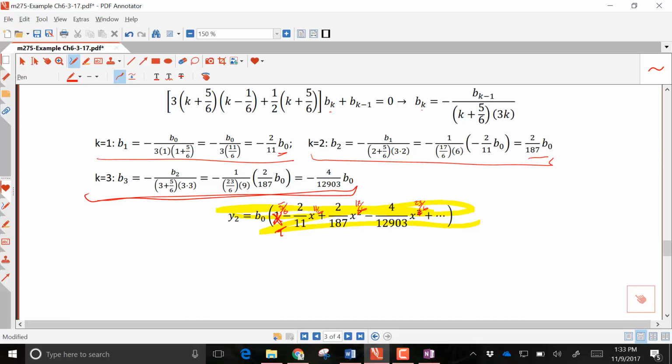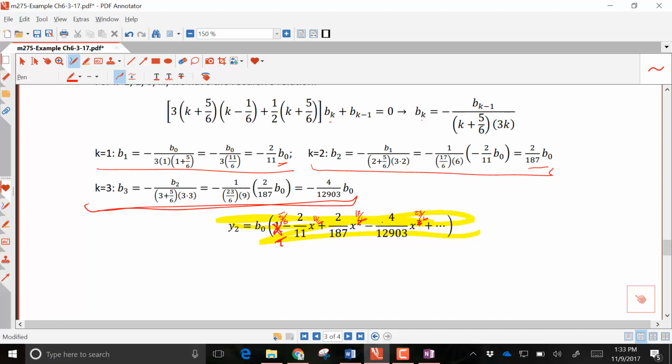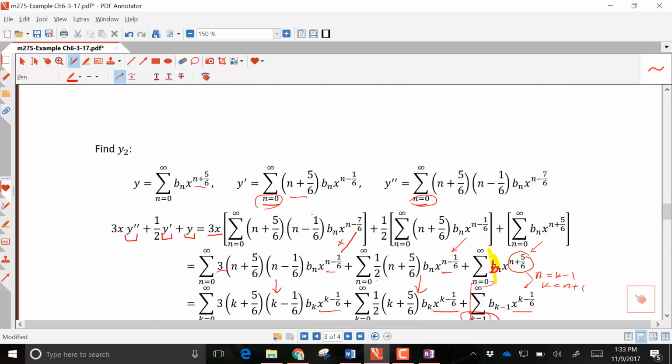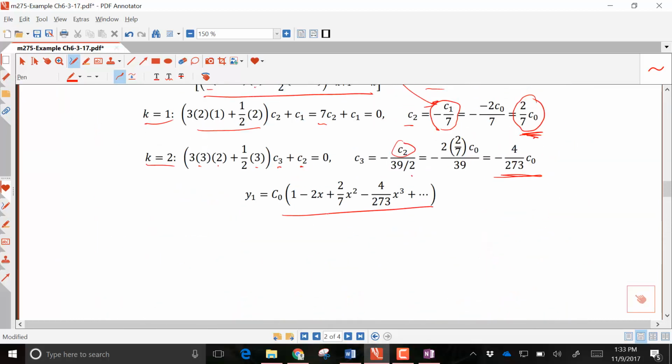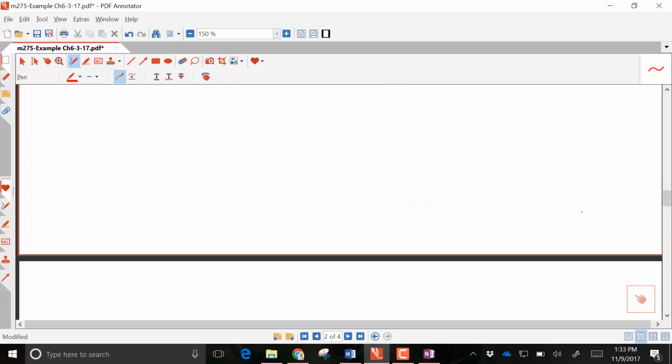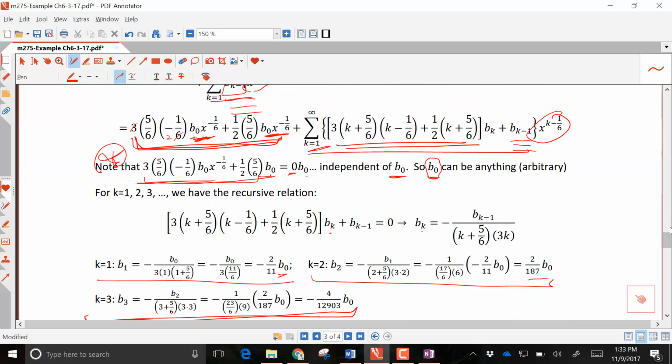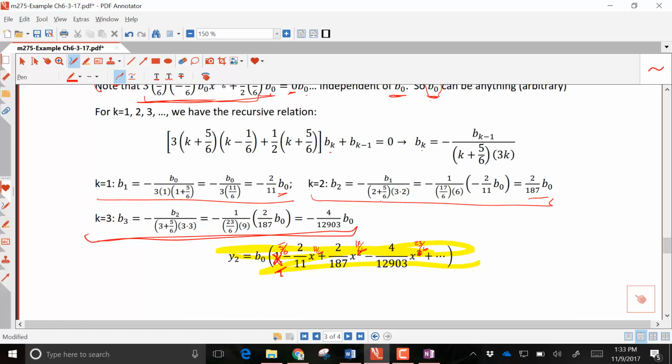But they all have a b naught, and that's what we took out. So we took out a b naught. Yeah, so we take out a c naught, since they're all going to have these arbitrary constants. Each c sub something is always going to have a c naught in it, and each b sub something is always going to have a b naught in it. That's how the recursive relationship was working. They all have b naughts.